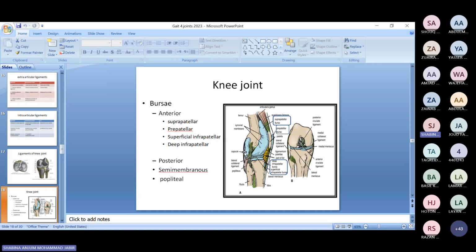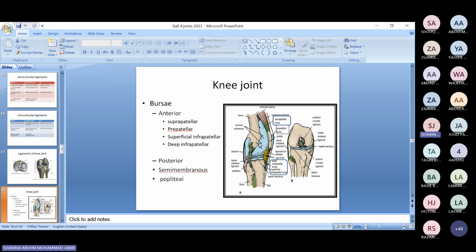Now if you see posteriorly, yes, posteriorly we also have bursae in the semimembranosus muscle and popliteal muscle. If you see books, they have many complicated stories, but we should just know what a bursa is.